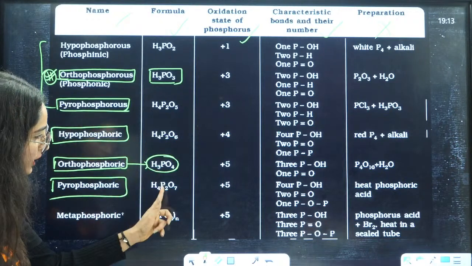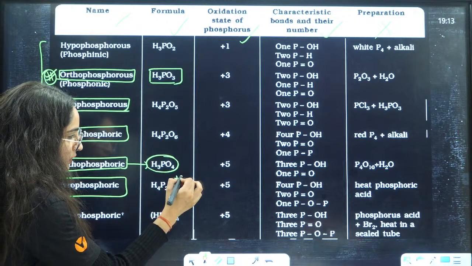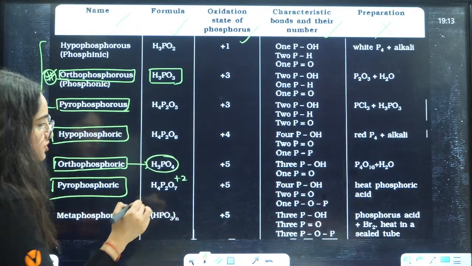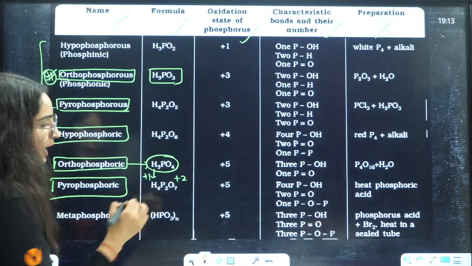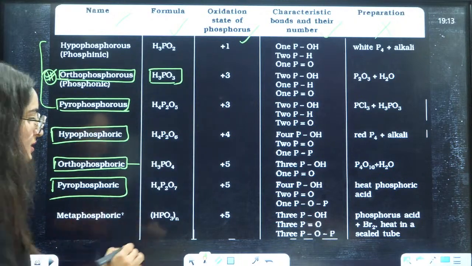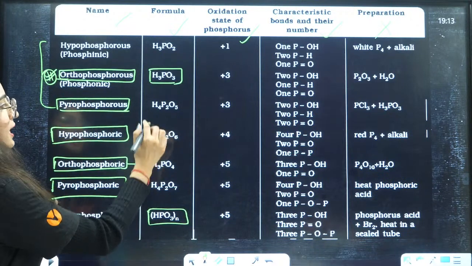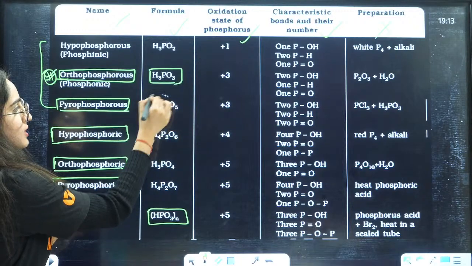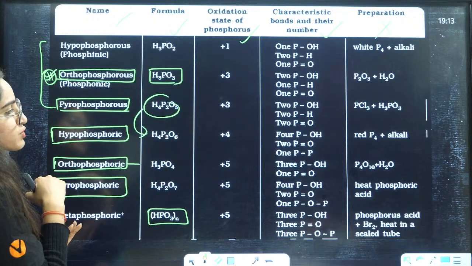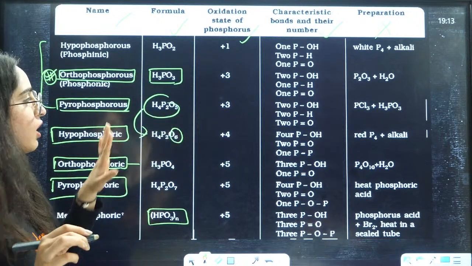Pyro is actually 2 phosphorus, plus you have added 2 oxygens and 1 hydrogen here. Then meta is basically the polymeric state here, and hypophosphoric is the same as pyrophosphorus acid, just having 1 more extra oxygen here.